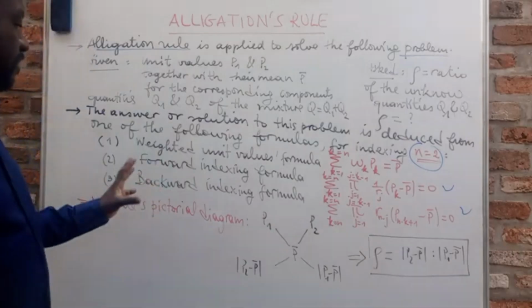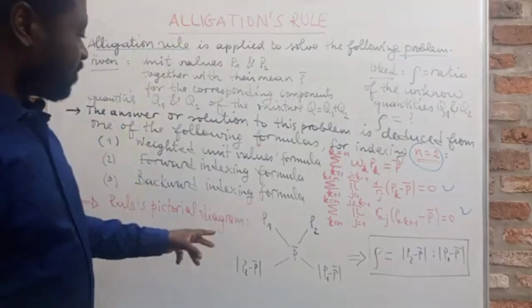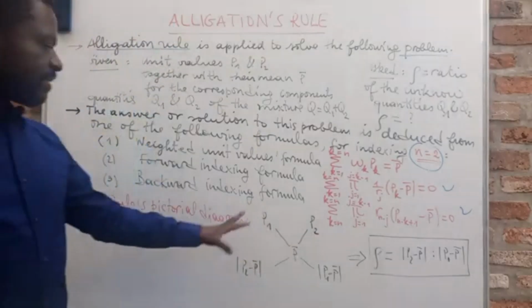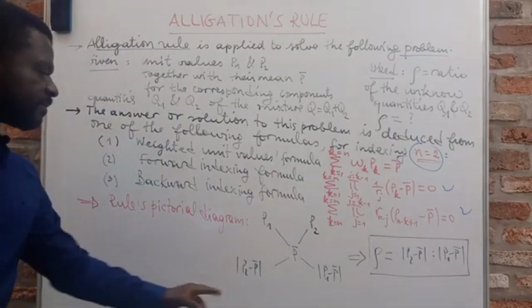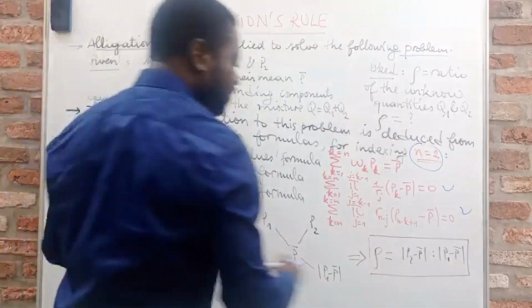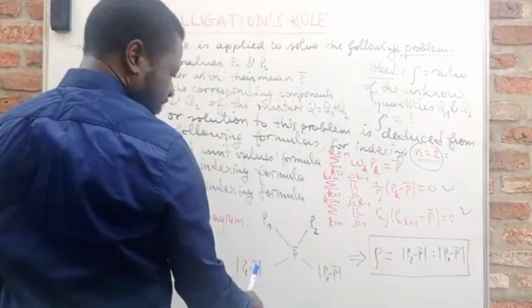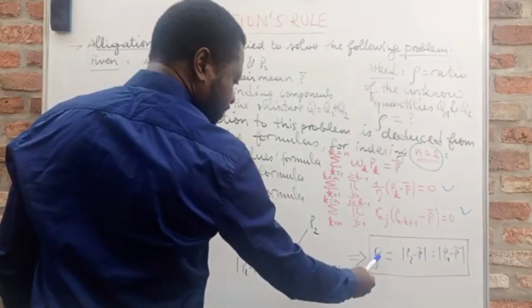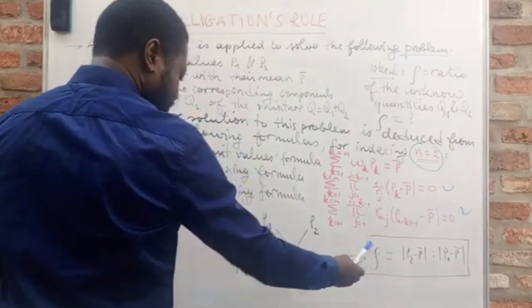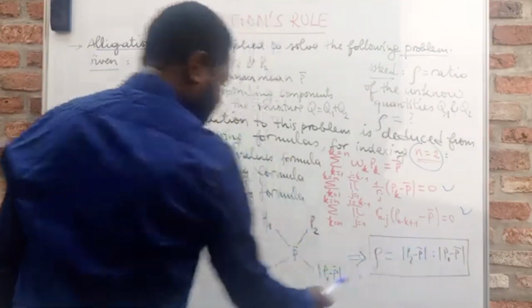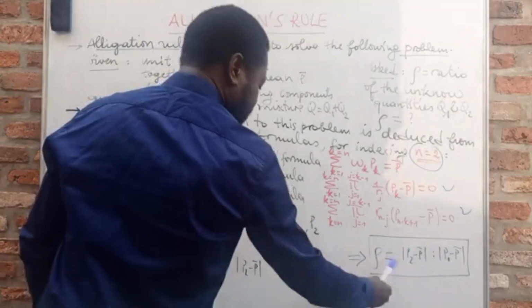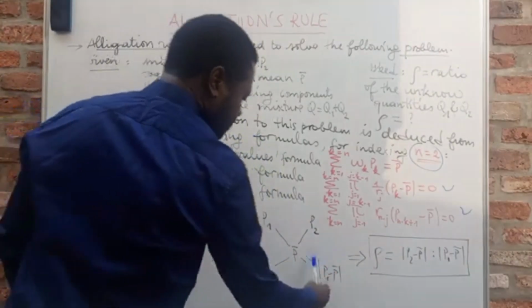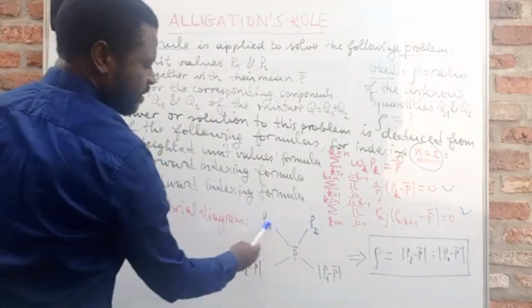The rule that we are going to display here is given by this diagram, in which the ratio will be this difference to this difference, according to the indexing here.